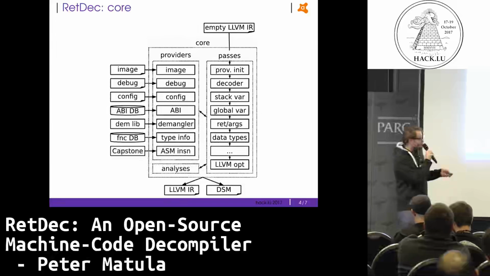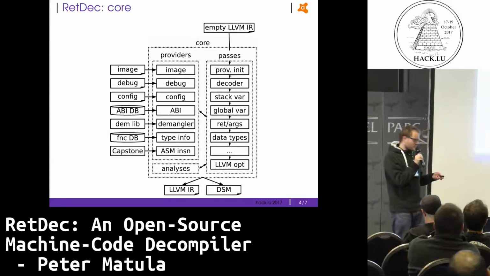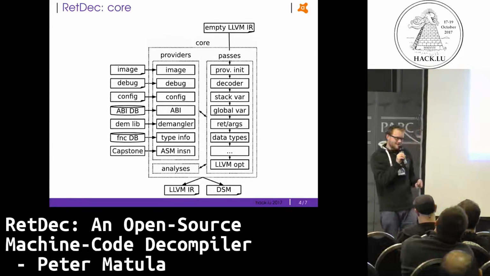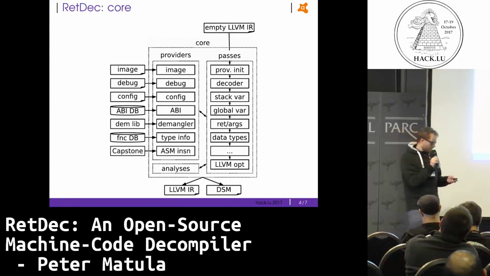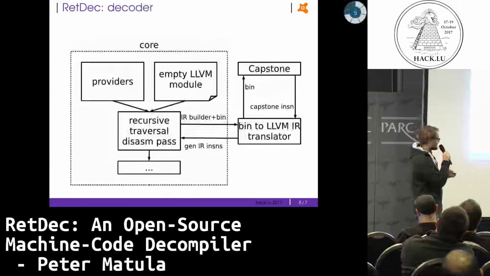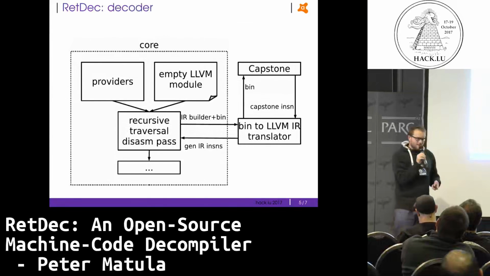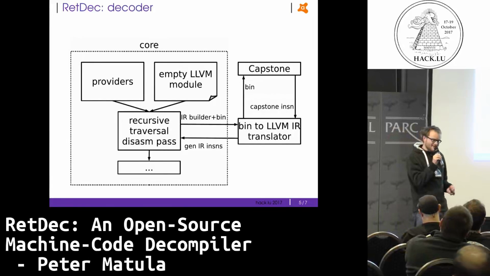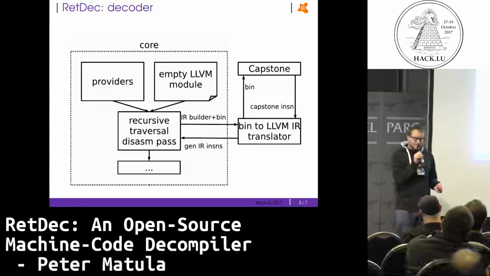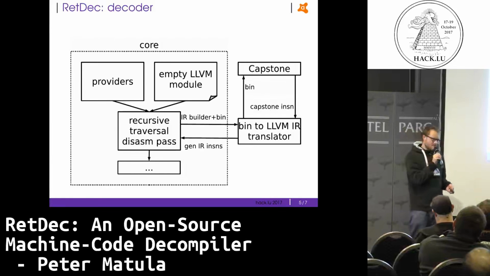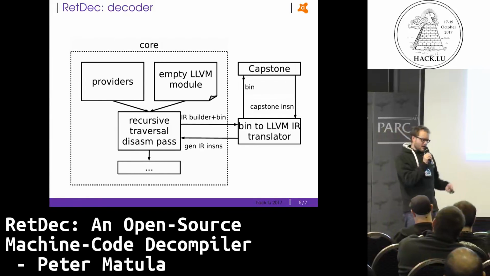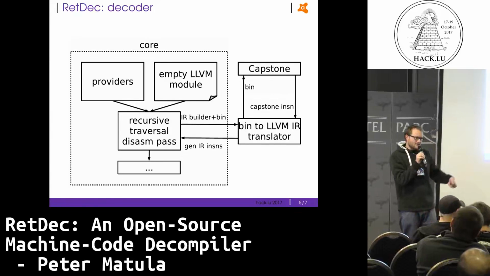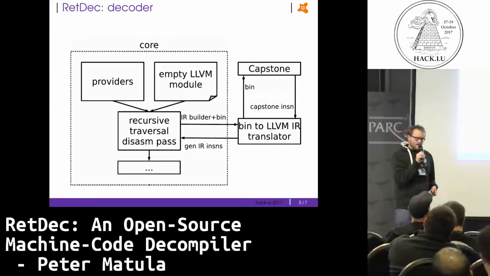So we just take an empty LLVM module and we try to fill it by decoding the binary and then running a lot of passes to get something like C. The decoder itself was the critical part that originally had a bad license, but we rewrote it using the Capstone disassembler. So now we've got a library that is using Capstone, and you give this library binary data, and it will give you LLVM IR.